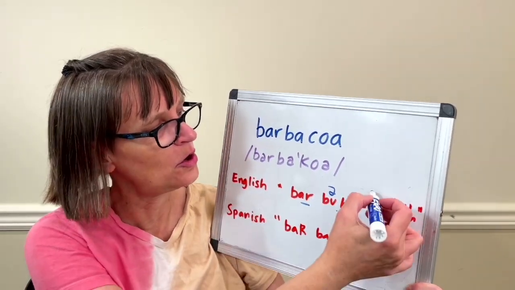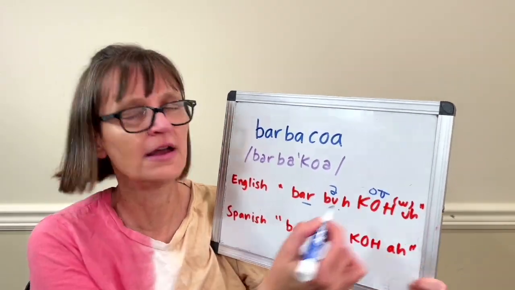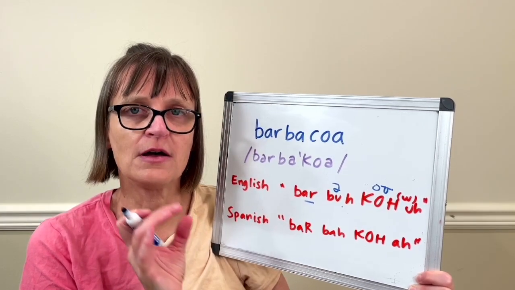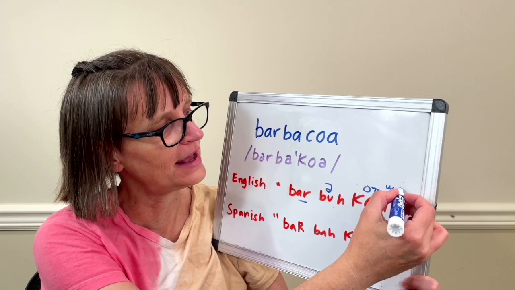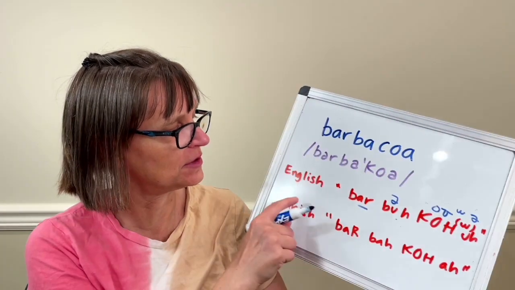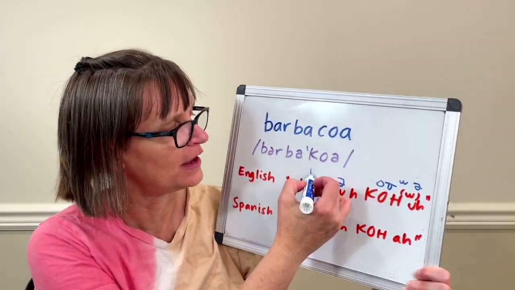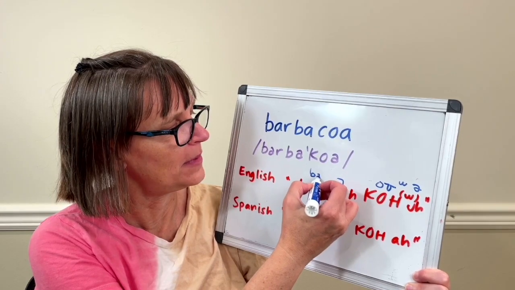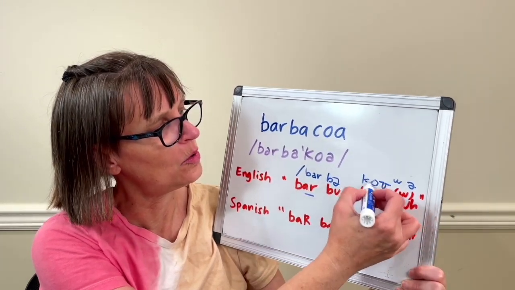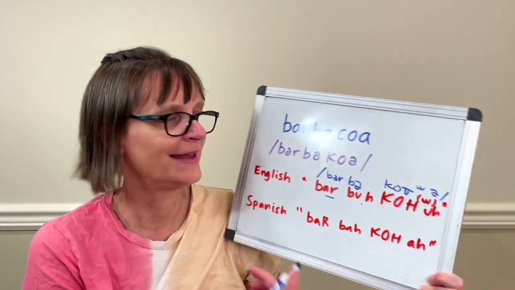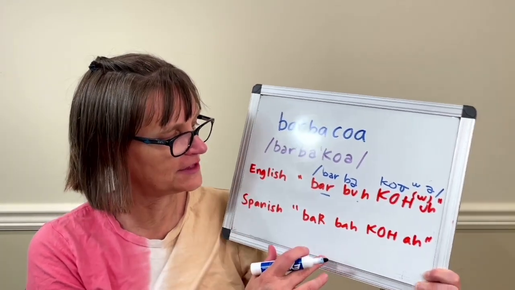And then our O in English is a diphthong. So when we say coa, we end up with kind of a gliding w sound and another schwa at the end. So in English, we would have barbacoa.